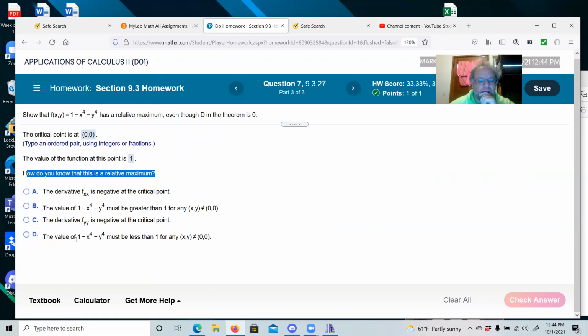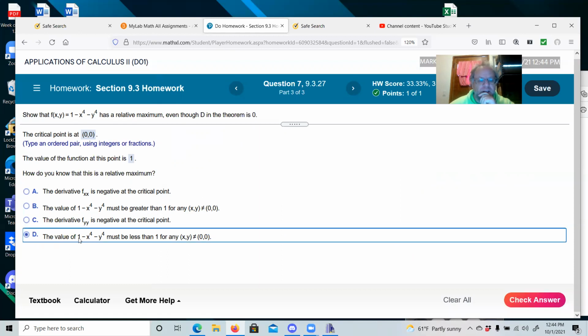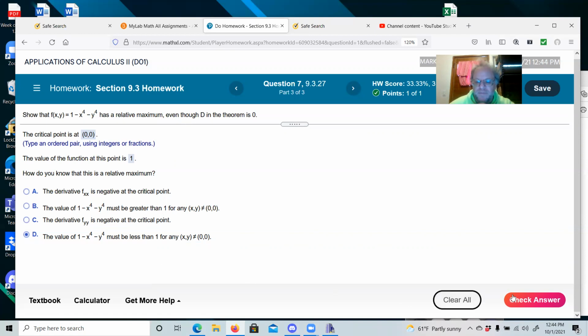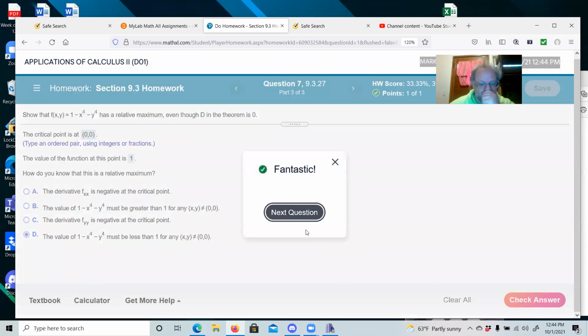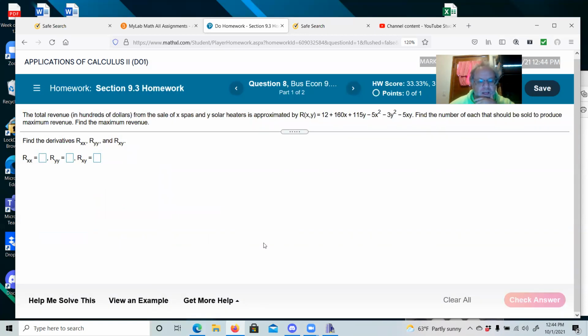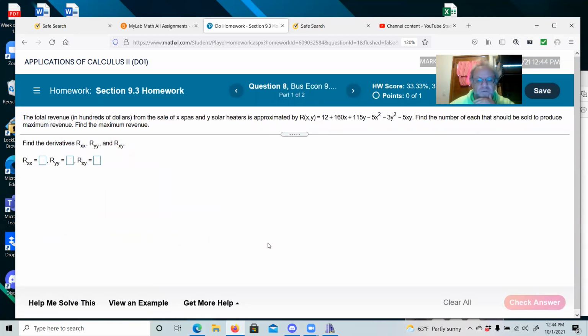The value 1 minus x to the 4th minus y to the 4th must be less than 1 for anything you plug in for x and y. You plug in anything, we're going to get something smaller than 1. And I think that's all they wanted us to do with this one.